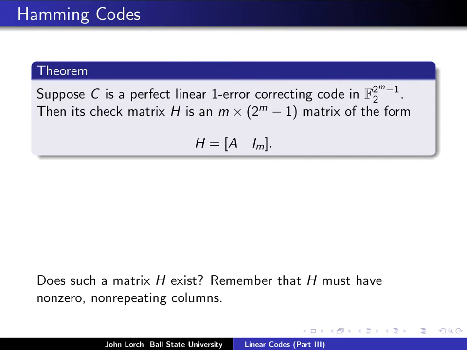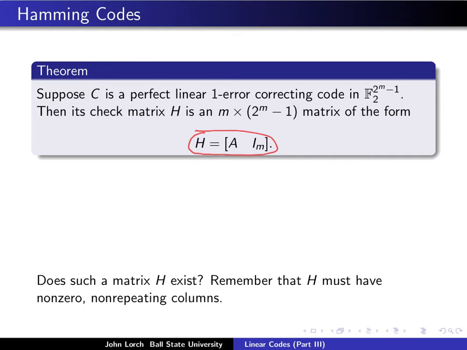So if we have a perfect linear one error correcting code in strings of length 2 to the m minus 1, then the check matrix for that code must have this form, where the matrix has 2 to the m minus 1 columns. All right, so why must it have that form?